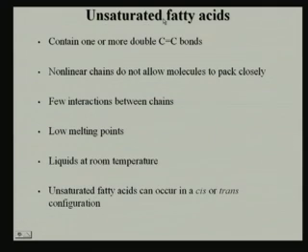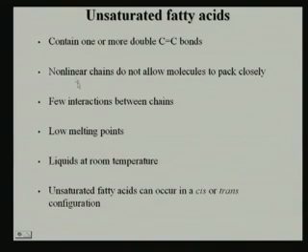So, what is the unsaturated fatty acid? It contains one or more double bonds. If one double bond is there, it is mono. If it is more than one, 2, 3, that is the polyunsaturated fatty acid, that is PUFA. Non-linear chains do not allow molecules to pack closely.